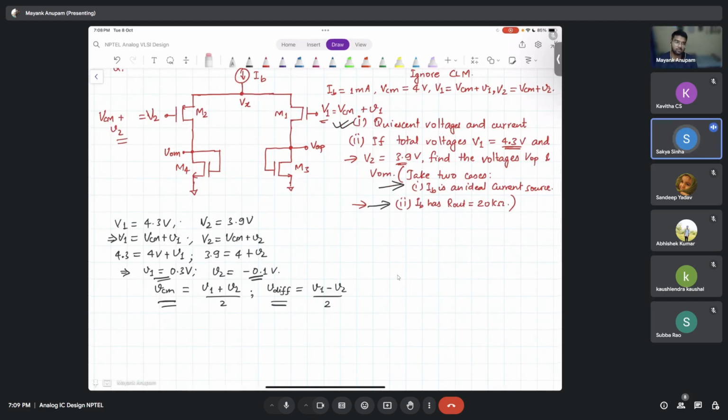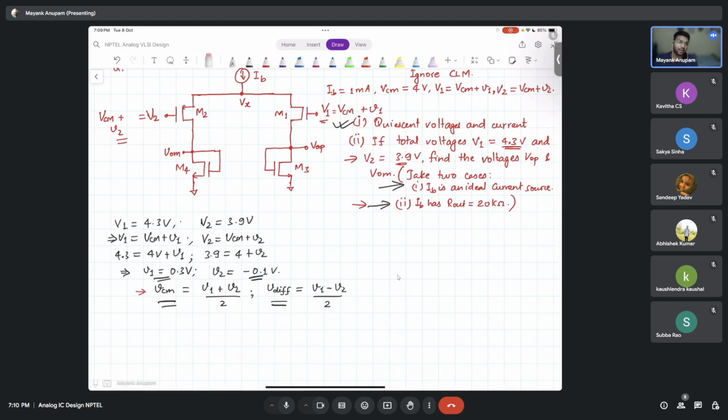That is why I've specifically used this notation always: biases are always denoted with all the letters capital, whereas small signals are always denoted with all the letters small. So this is a small signal common mode voltage. This VCM here is the bias voltage, not the large signal. Please mind it.